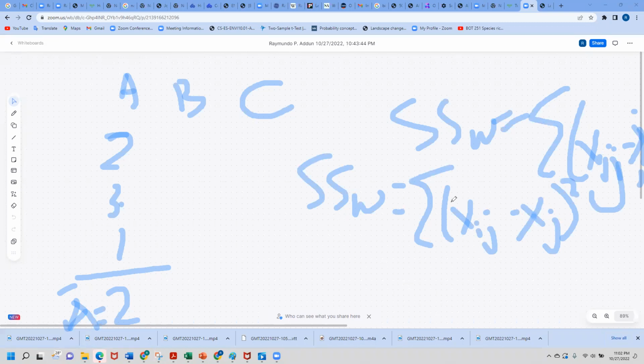So in this case, you subtract from each item its group mean, like 2 minus 2, 0. Then you square them. 3 minus 2 is 1, you square it. 1 minus 2 is negative 1, square them.